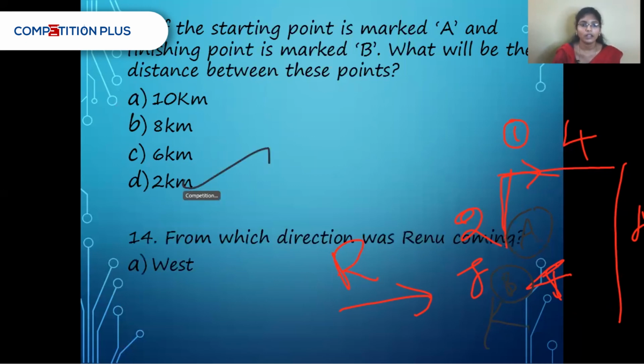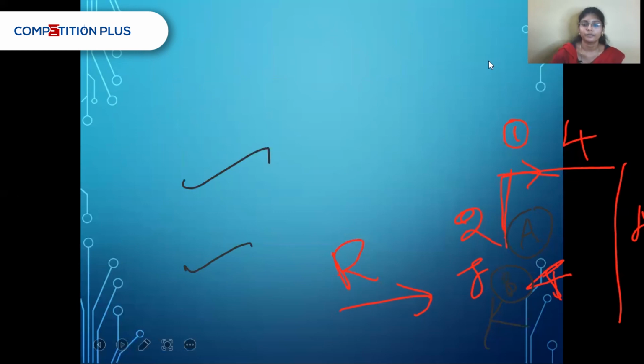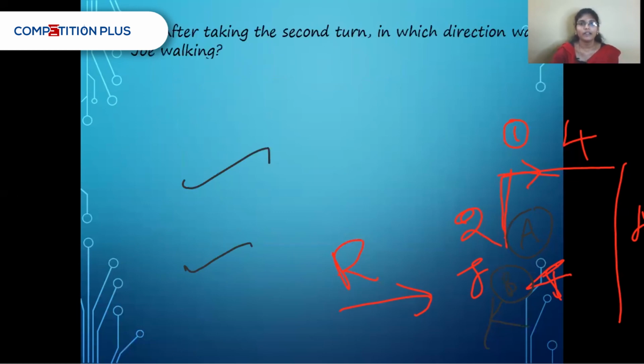From which direction was Renu coming? From the west. Simple questions. After taking the second turn, in which direction was Joe walking? He is now in his second turn.